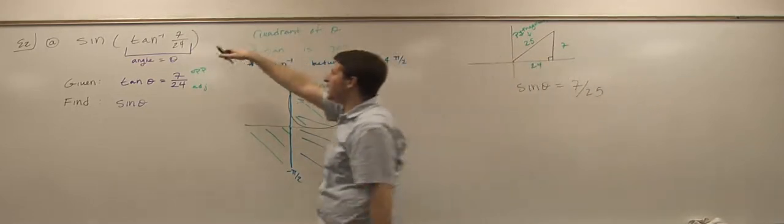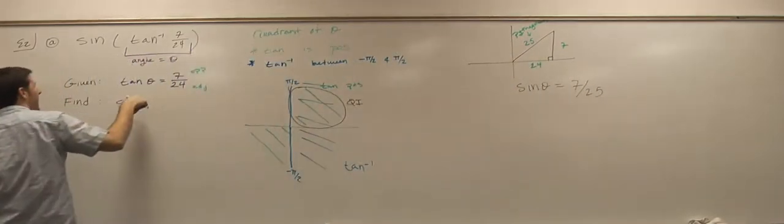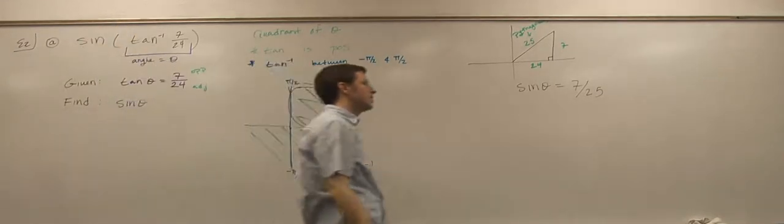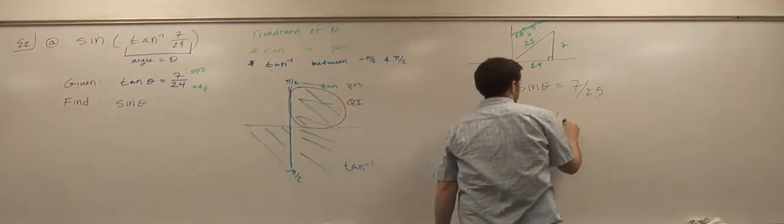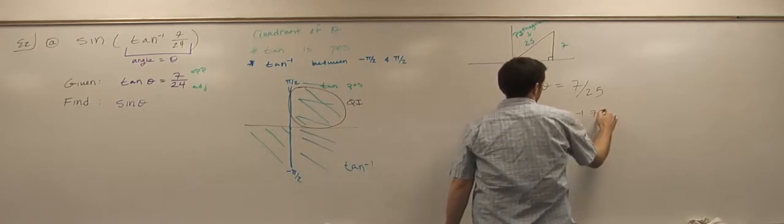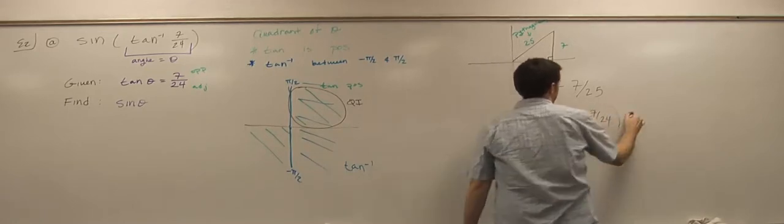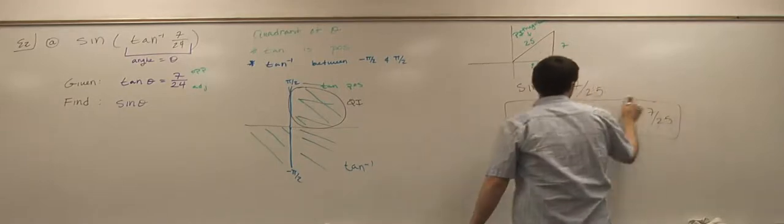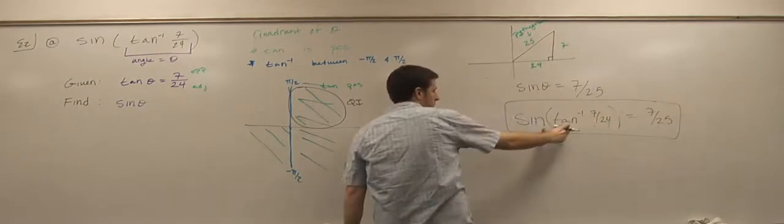Which means that sine of theta, which is what we were looking for, is the same thing as sine of tangent inverse of 7 over 24. And that's what we just found. You don't have to write this, just for completeness. This is what we're looking for.